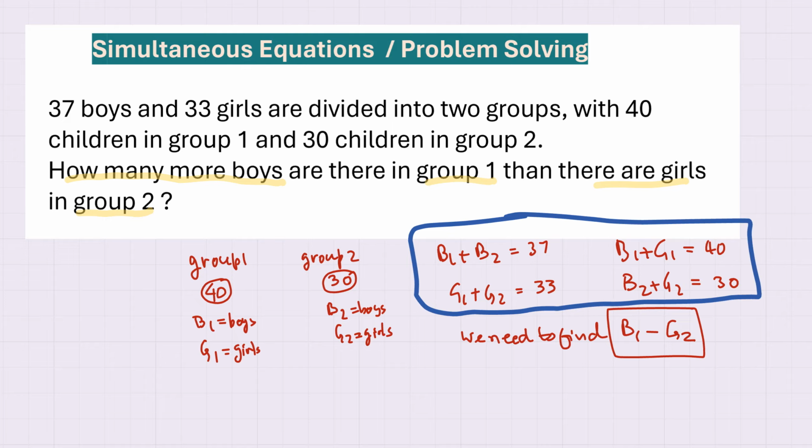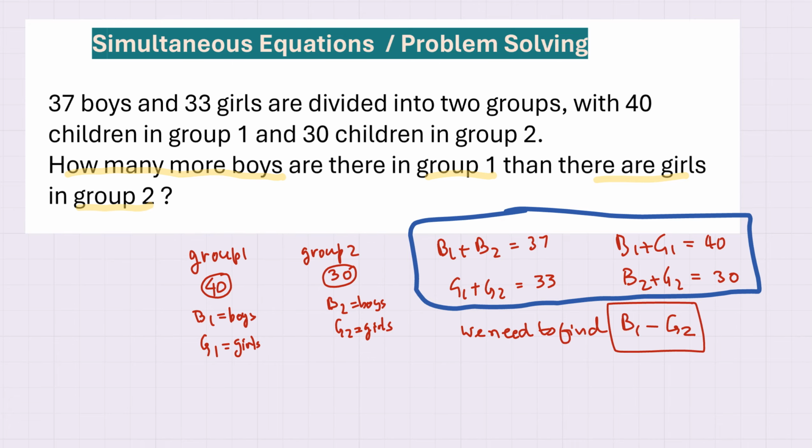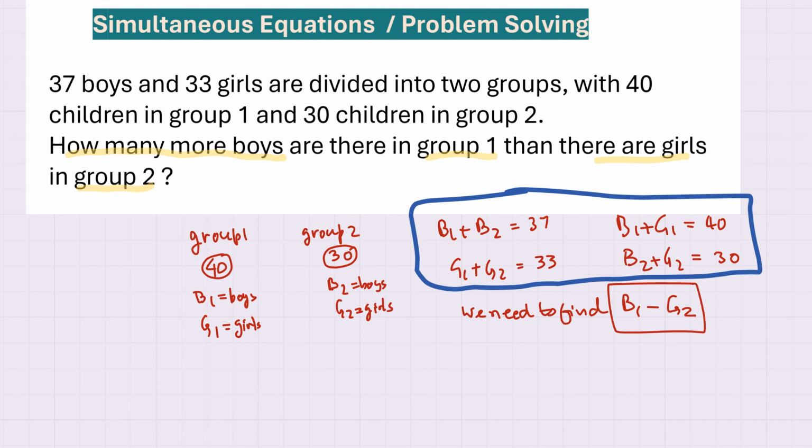So how do we go about doing that? It's quite easy. I think some of you might have figured it out already. I know B1 plus B2 is 37. So if I can write B2 in terms of G2, looking here, I can say B2 is 30 minus G2, and then I can replace this B2 with this.